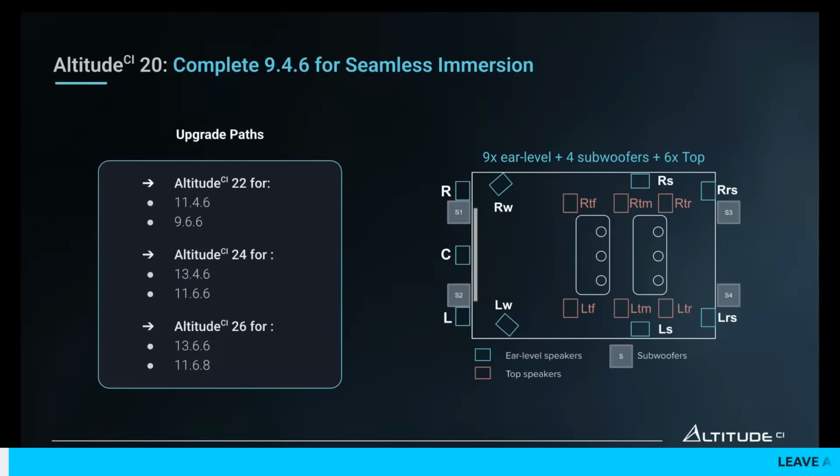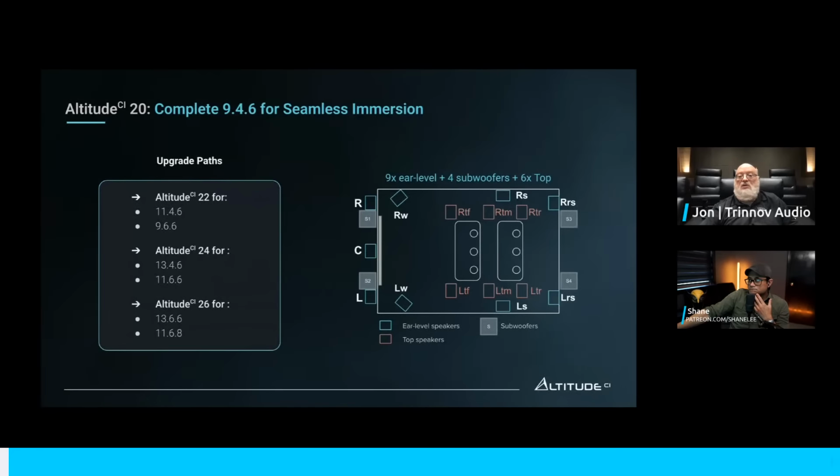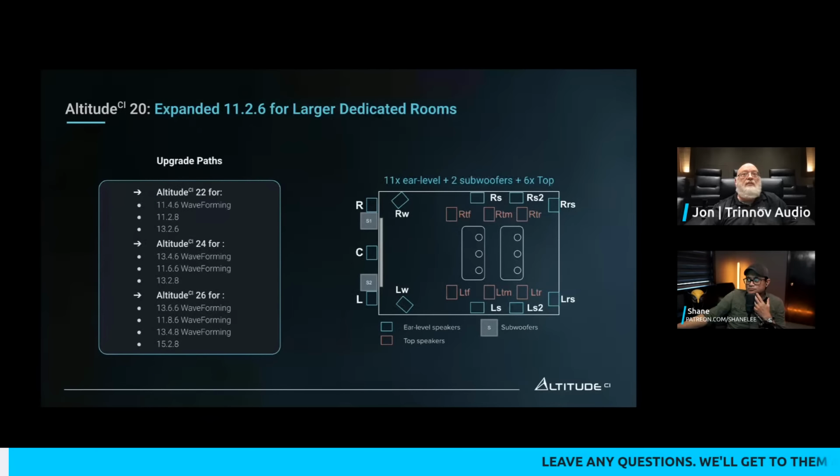But then you get into it and you realize there is this gap between the screen channels and the surround channels. That's what the wide speakers are supposed to fill. And so maybe a year down the road, you decide to add those couple of speakers. And you don't have to chuck everything and start all over. You can just let the system grow as you grow. And lots of upgrade paths.